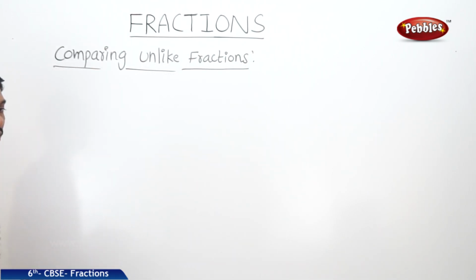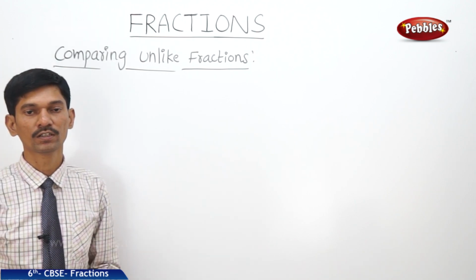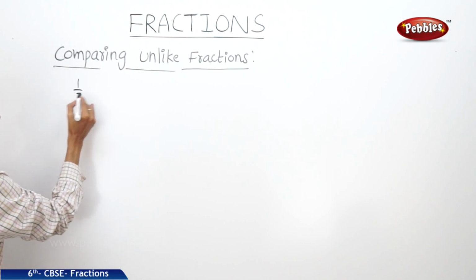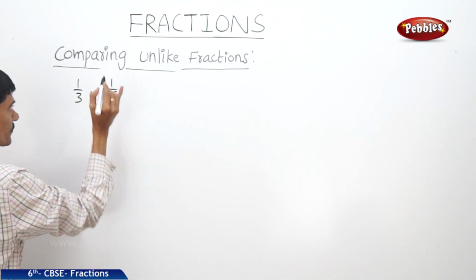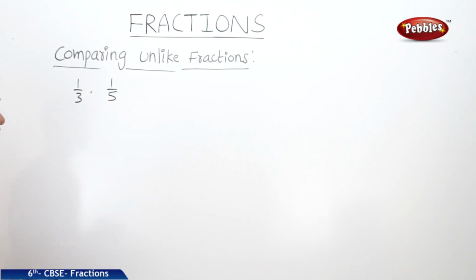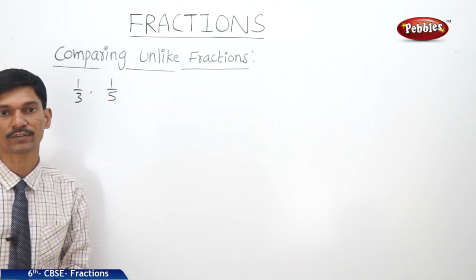So unlike fraction means their denominators are not equal. So first let us take two fractions, 1 by 3 and 1 by 5, with the same numerator but different denominators. So these two fractions are unlike fractions.